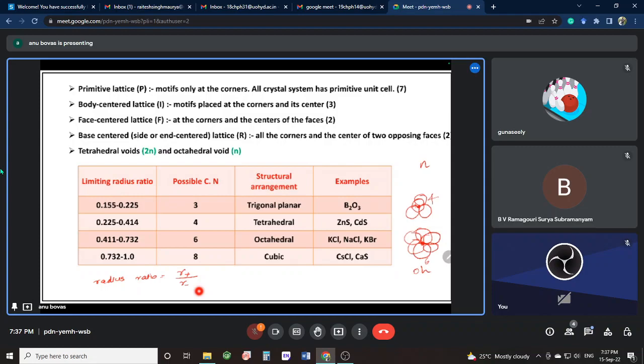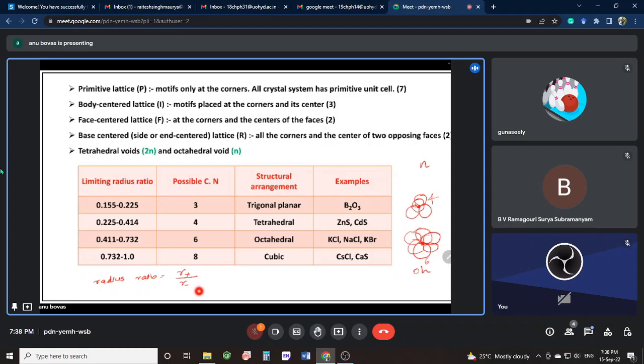If a cation is larger, the radius ratio will be larger. That means the number of anions surrounding the cation will be larger, so the coordination number is higher. What is coordination number? The number of anions surrounding a cation, or cations surrounding an anion. If the size of the cation is more, the number of anions surrounding it will be more, so the coordination number will be more.